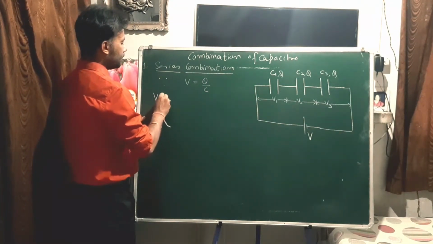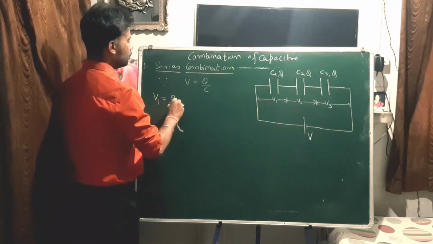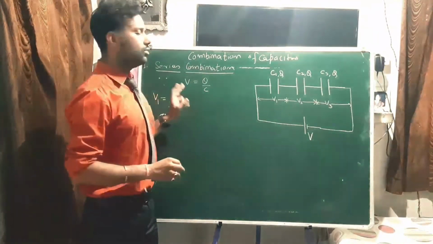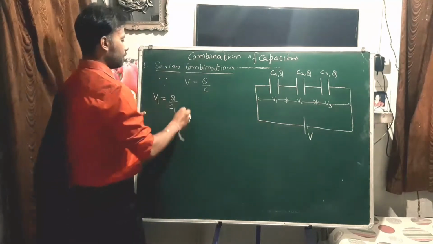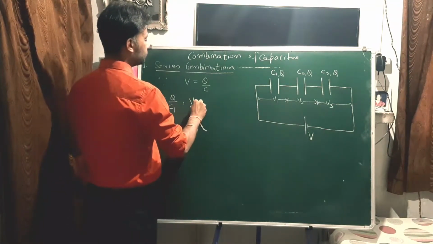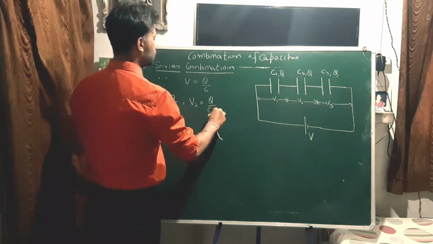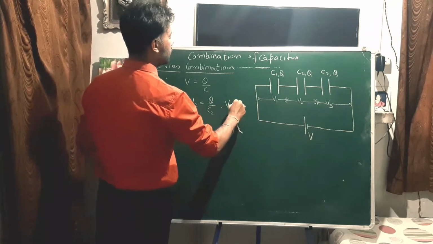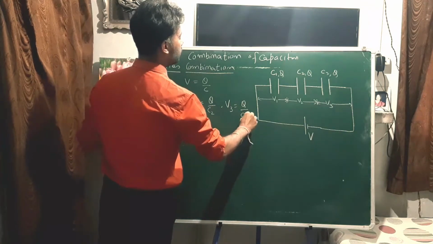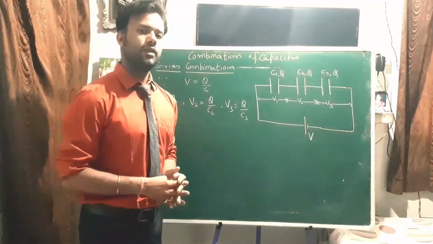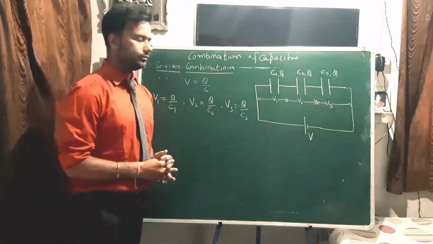V1 will be Q upon C1, because the charge on each capacitor is Q. V2 will be Q upon C2, and similarly V3 will be Q upon C3. By using these formulas, we can find the potential difference across each capacitor.